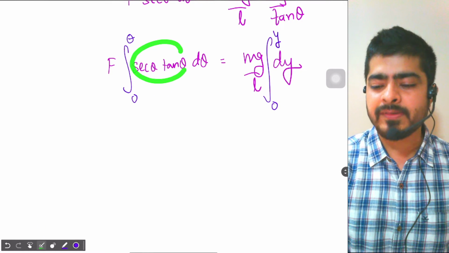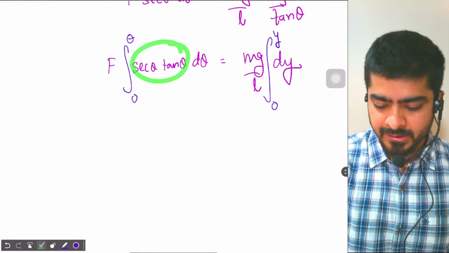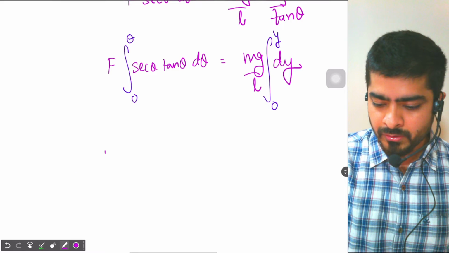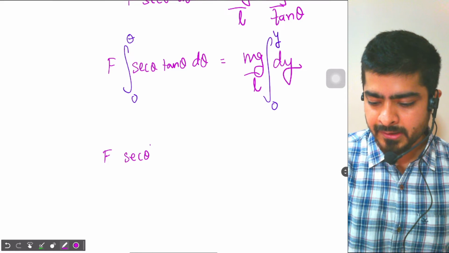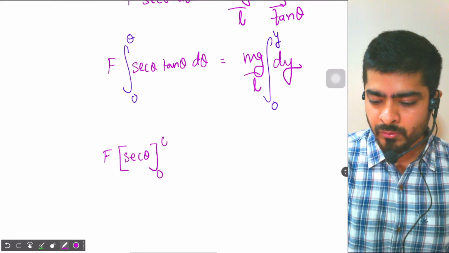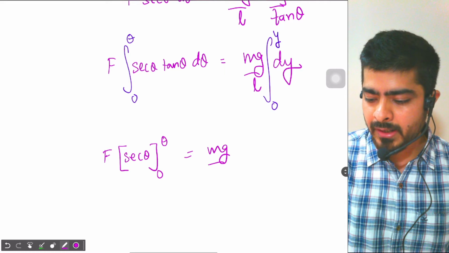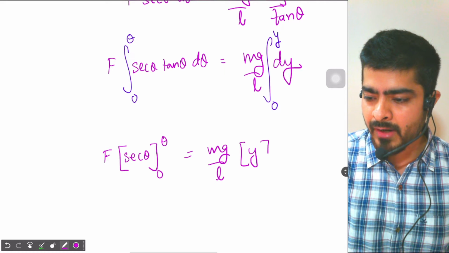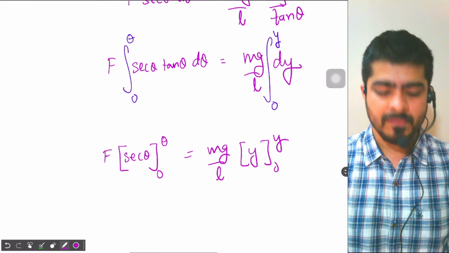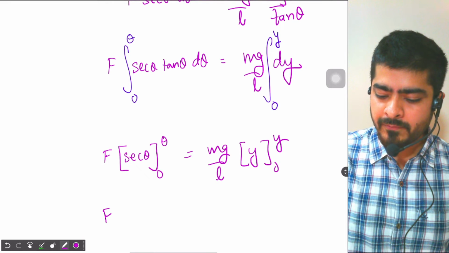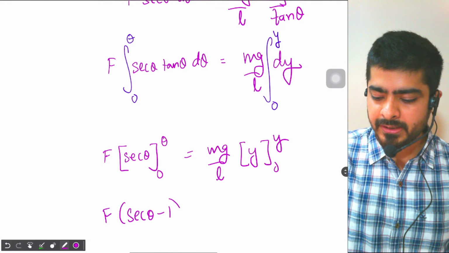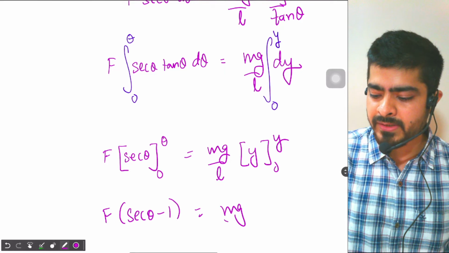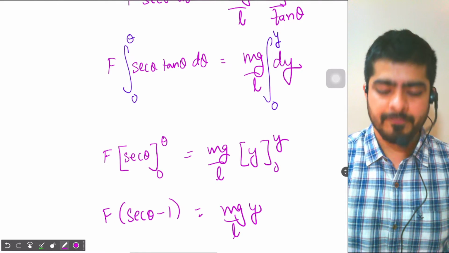Now integration of sec theta tan theta d theta will give me sec theta, so this will be equal to f sec theta, and the limits will be 0 to theta, that will be equal to mg by l times y, 0 to y. So this will be equal to f times sec theta minus 1 is equal to mg by l times y.